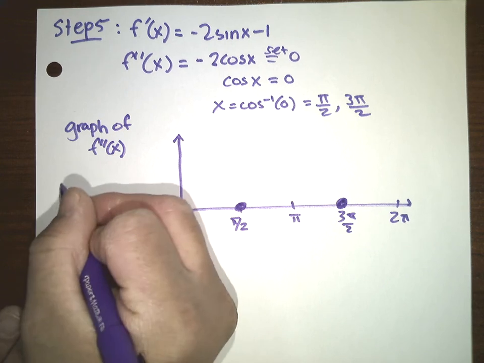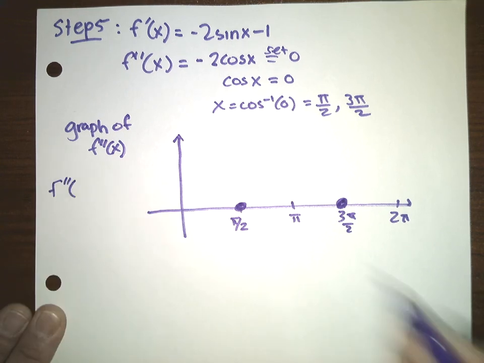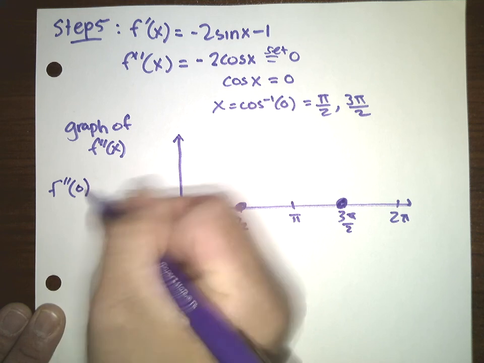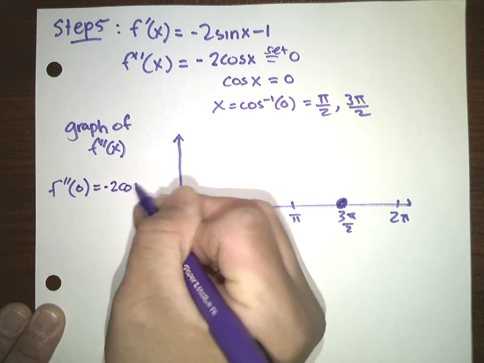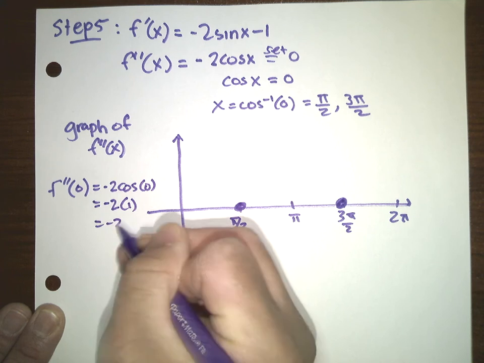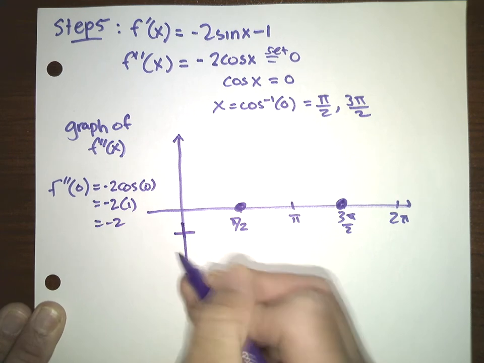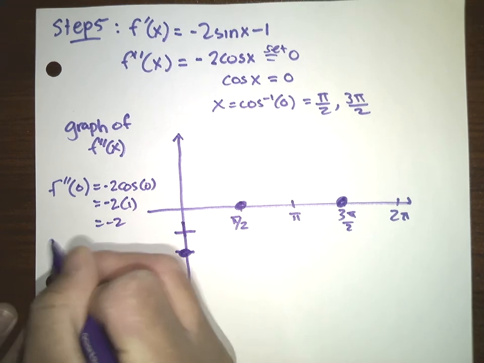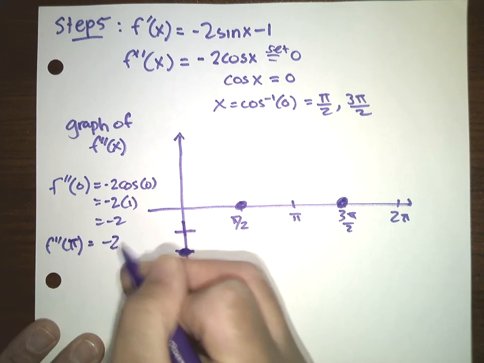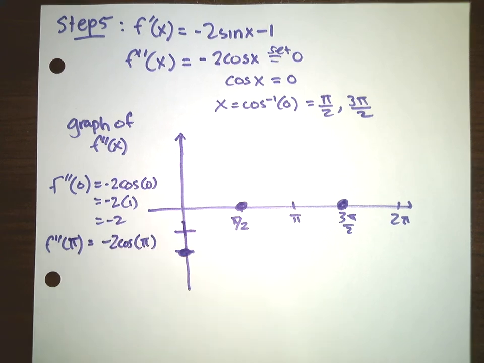Now we need f double prime of, say, 0. So it's negative 2 cosine of 0. So it's negative 2 times 1, which is negative 2. Then f double prime of pi will be negative 2 cosine of pi.